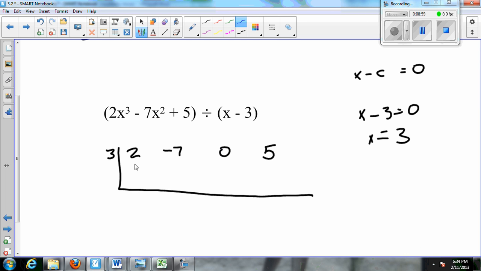So you bring down the first one, always. And then we take this outside number, our c value, and multiply. So 3 times 2 is 6. We line it up at the next one and add. Negative 7 plus 6 goes to negative 1. 3 times negative 1 is negative 3.